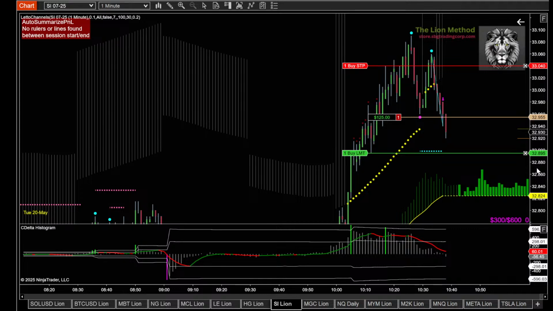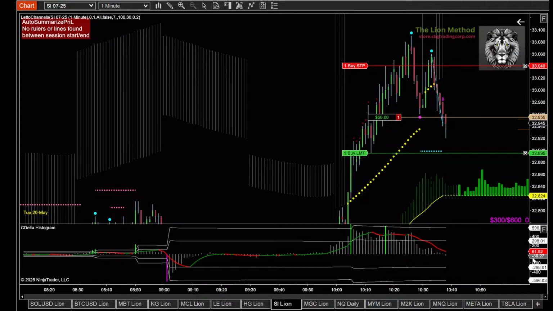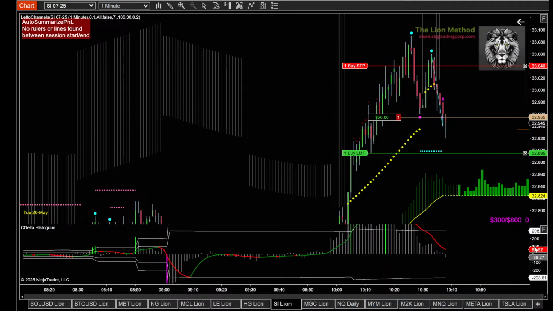All right, keep breaking down. This is what is setting up as a flush bar reversal. We got a good sell delta, but the price is retracing.